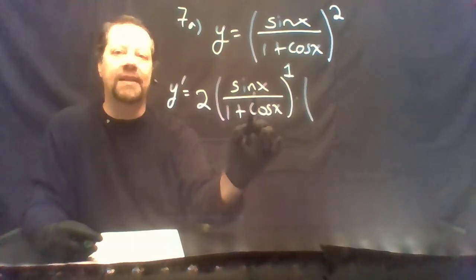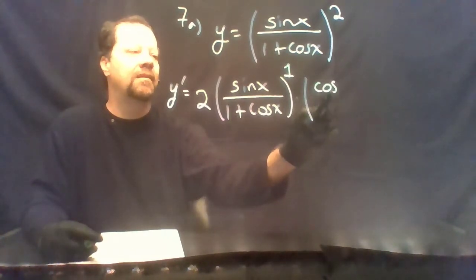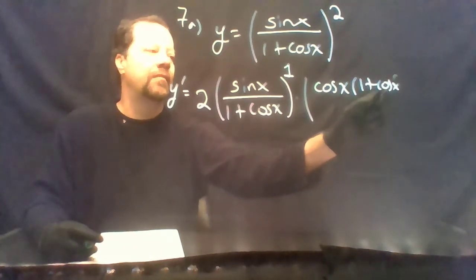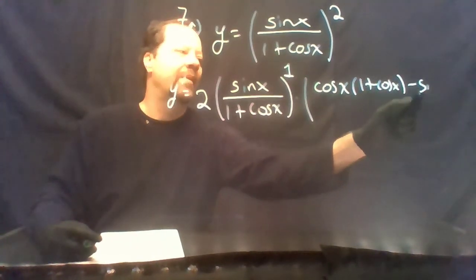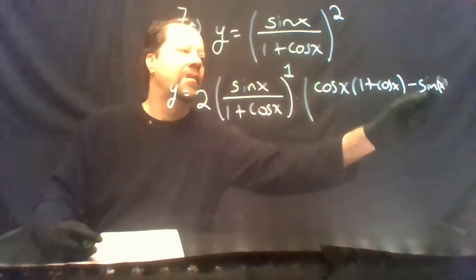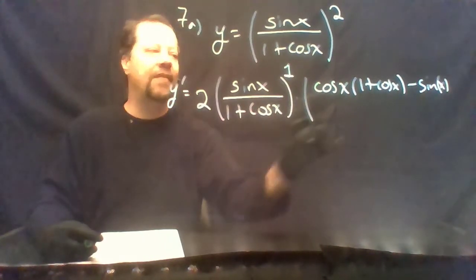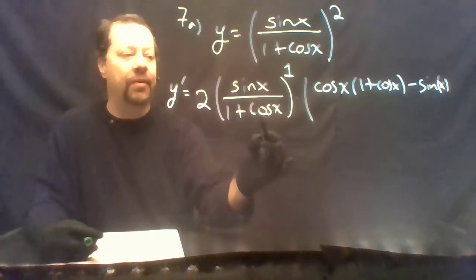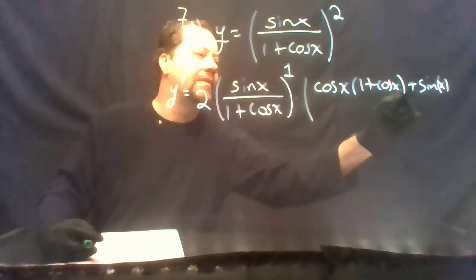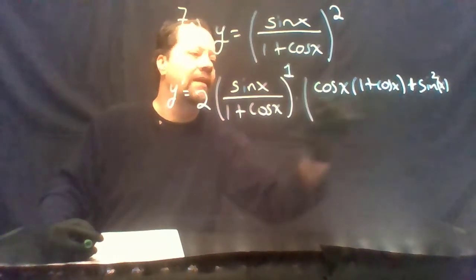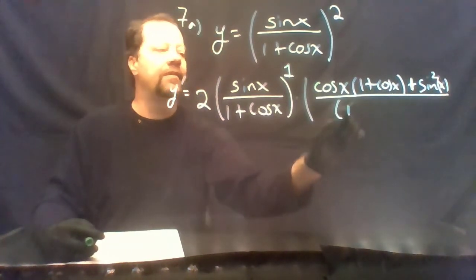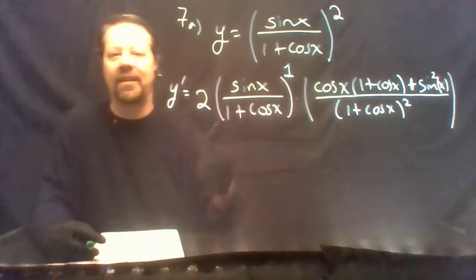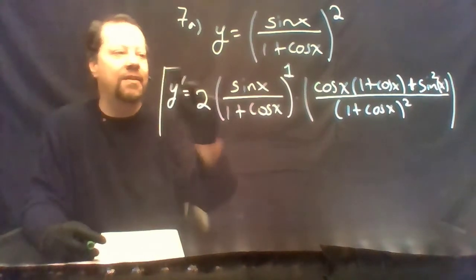The derivative of the top times the bottom minus the top times the derivative of the bottom, and the derivative of the bottom, the derivative of 1 is 0. The derivative of cosine is minus sine all over bottom squared. Drop it at this point, you're done.